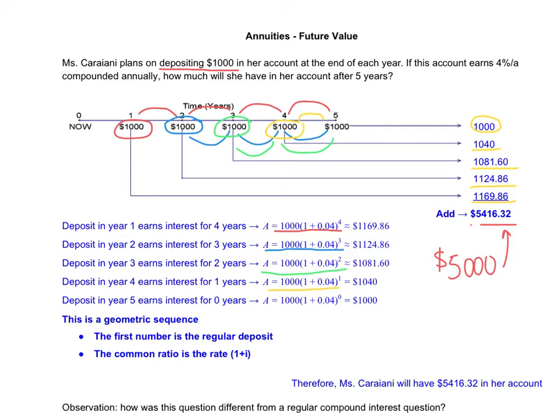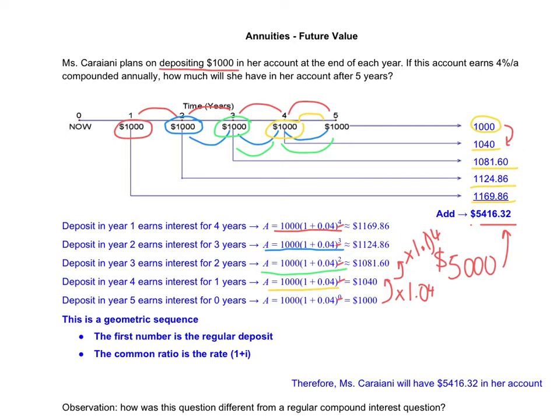Now, what I want you to notice about these numbers that I added up is that to go from 1,000 to 1,040, all that happened, even looking at the formulas, is that we multiplied by 1.04. And then from 1,040 to the next one, again, multiply by 1.04. And I know I'm multiplying by 1.04 because my exponent just gets 1 larger, which means to go from one number to the other, I just multiplied by that interest rate, that 1.04, which should make you think of a geometric sequence.